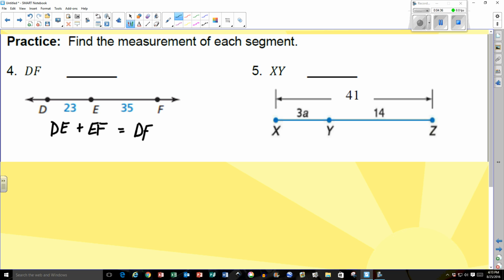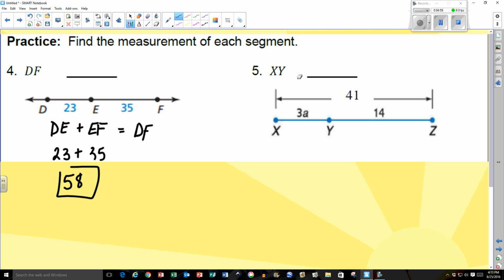All right, so DE is 23 plus EF is 35. So that would be 58. So 58 equals DF. So they're super easy when they're like that. Oh, goodness. Let's try this again. All right. So 58.